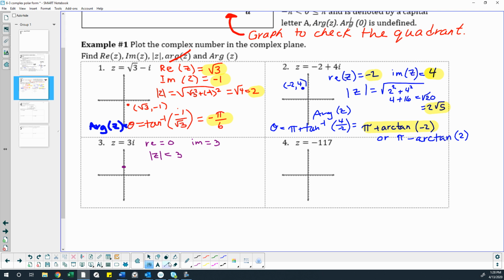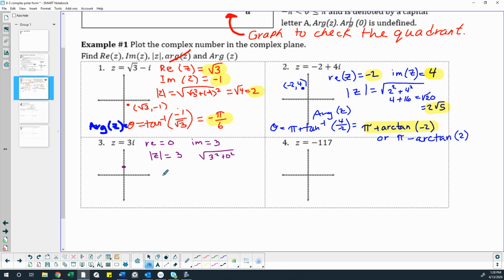How did I know that without calculating it? Yeah. Or it's just up 3. What's its distance from the origin? Yeah. Okay.